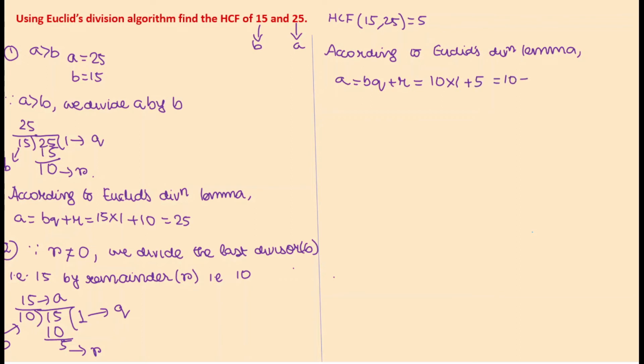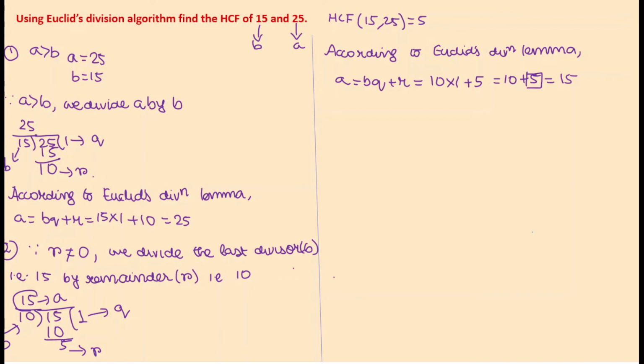So 10 plus 5 gives us 15, which exactly matches the dividend, 15. Here also we are not getting the remainder to be 0, so again we have to go to the next step.